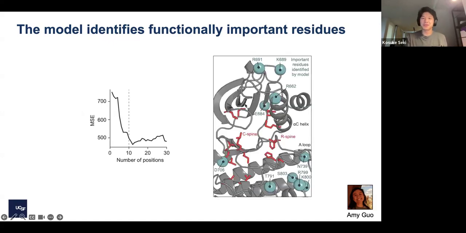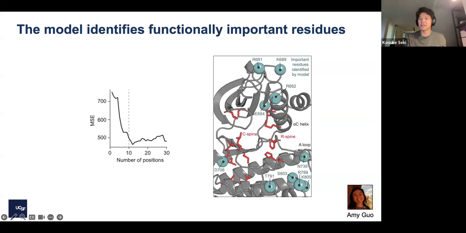And so if you look at where those positions are in the crystal structure of the enzymes, you can see that a lot of these positions are very close to important functional regions of the kinase. So for example, it's very well understood that this alpha C helix, which is this helix right here, is very important to the function of protein tyrosine kinases.